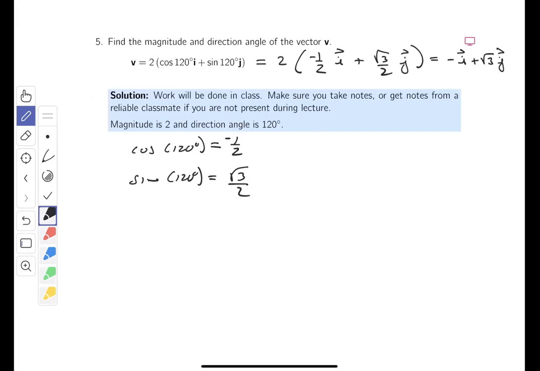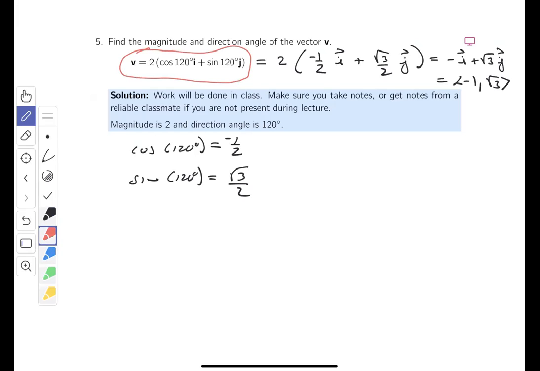I'm going to write that in component form, and that would be minus 1, root 3. Okay? Now, they didn't ask for that. So why would you have done that then? Just so you're familiar with what we're going to ask you to do here. And I got to be honest with you, there's something about the way this is written that may make this problem really easy to do, prevent me from doing all the work I just did.